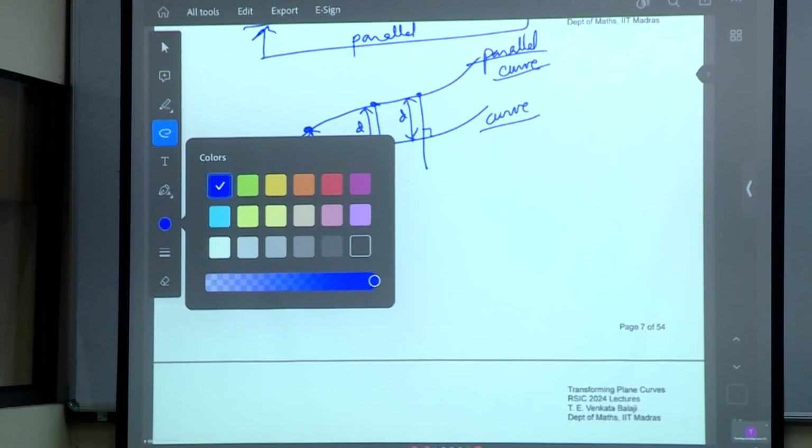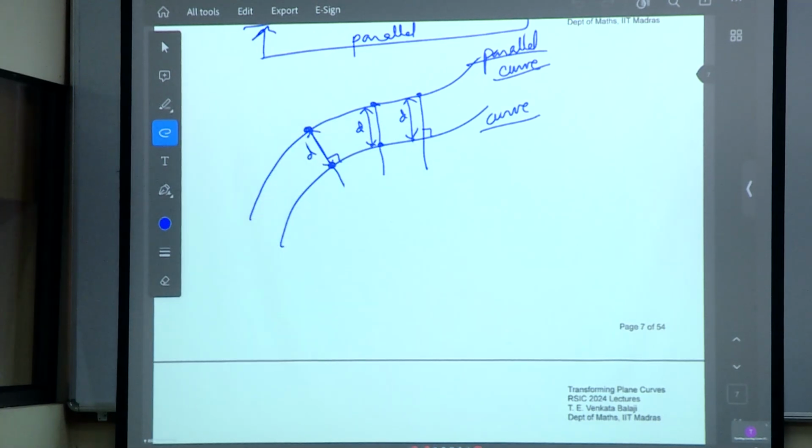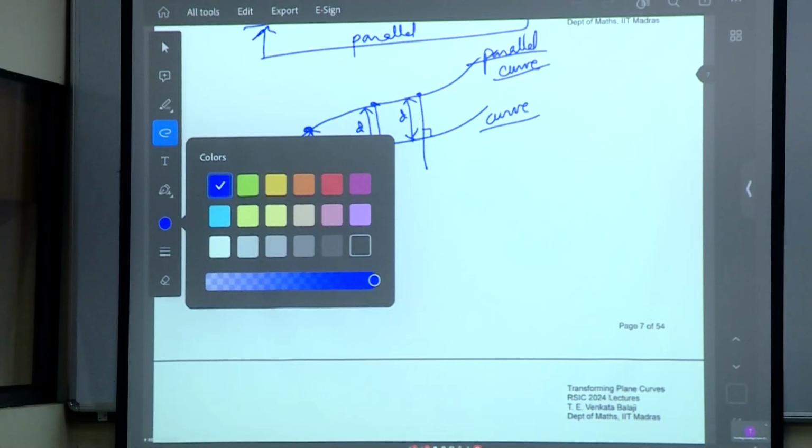If you take the evolute of a cycloid, you will again get the same cycloid. And if you take the involute at the top points of the cycloid, you will again get back the same cycloid. So that's a very special curve and it has a lot of physical significance.